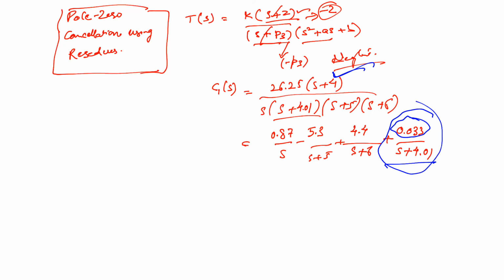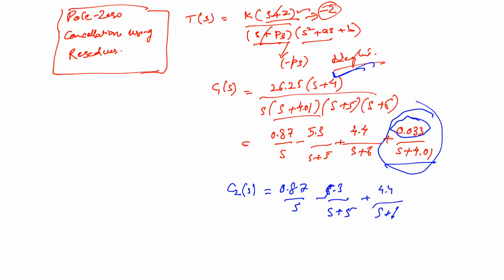So finally our response would be 0.87 divided by s minus 5.3 divided by s plus 5 plus 4.4 divided by s plus 6.